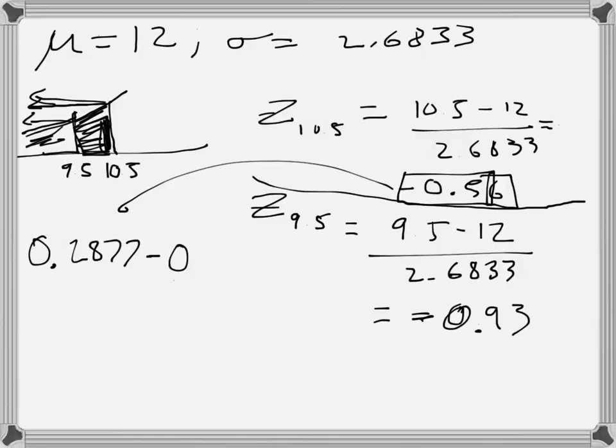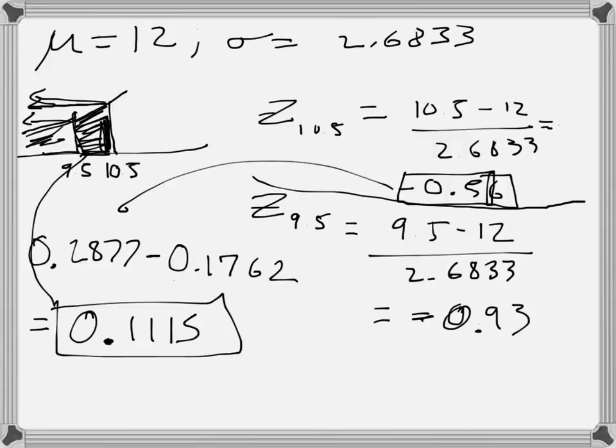I go to my z table, and this is a probability of 0.1762. So this leaves me with 0.1115. And this is the probability I end up in the chunk that I want.